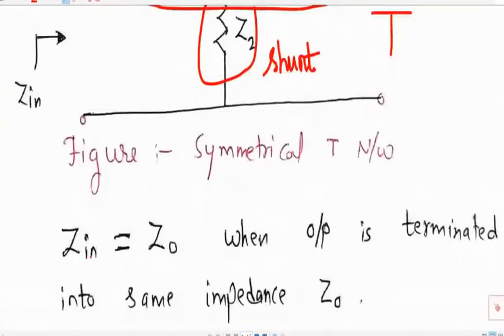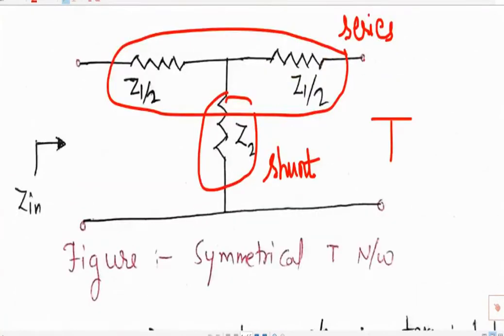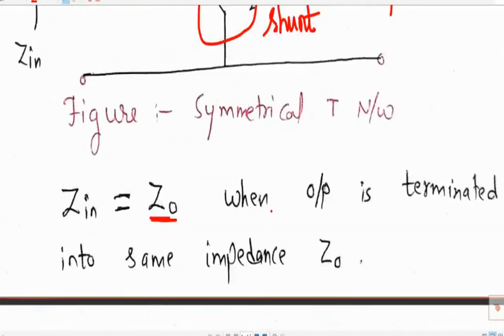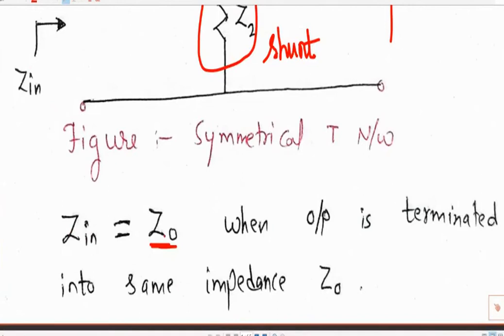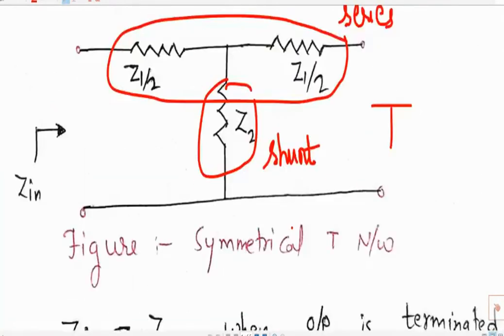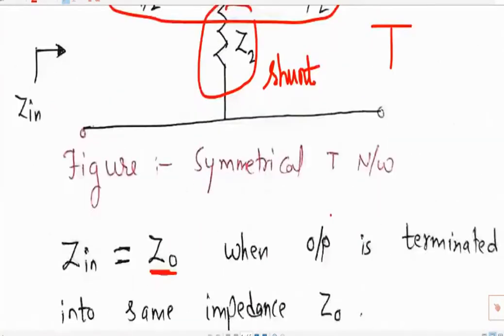Your input impedance is the characteristic impedance Z0 when we terminate the output with characteristic impedance. So Zin equals Z0 when the output is terminated with Z0.